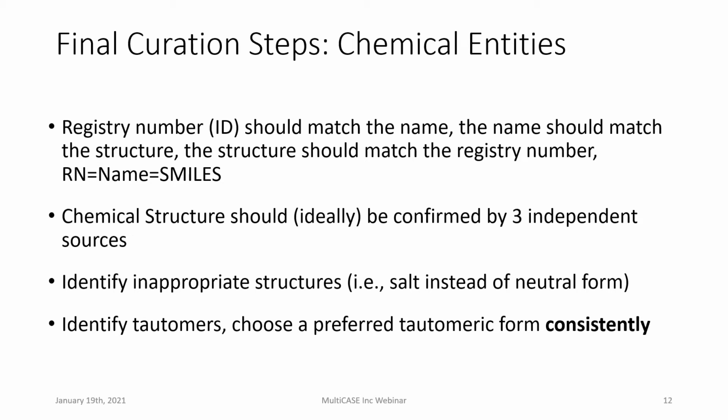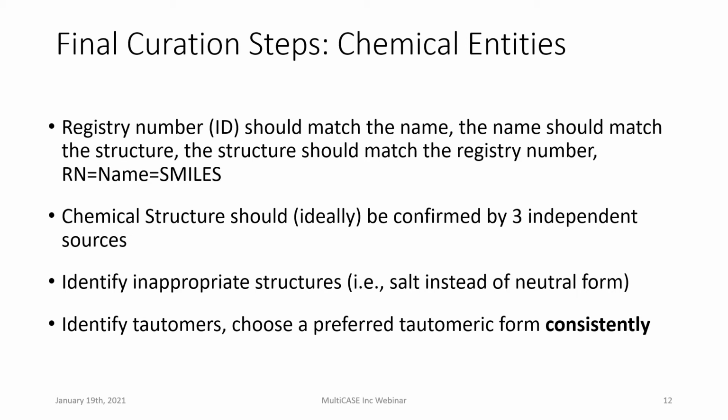So we need to have a three-way relationship, and we need to ensure that everything corresponds to each other. Ideally, we like to use chemical structures obtained from three independent sources. Well, I mentioned them in my previous slide: PubChem, ChemID plus, ChemSpider. It's not always possible, but that's an ideal situation.